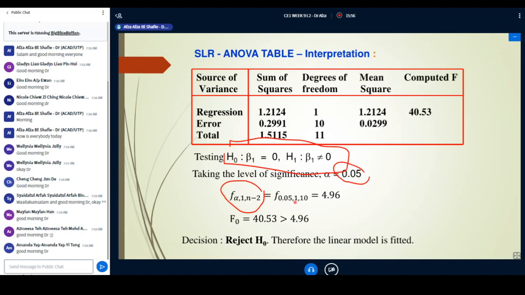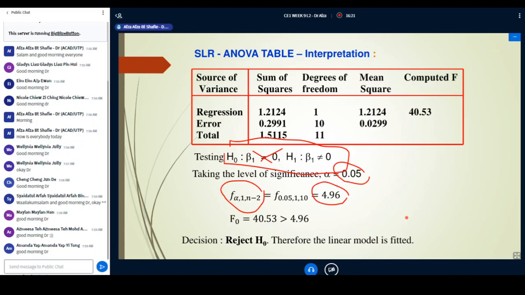So F 0.05, 1, and 10. We get a value of 4.96. So that 40.53 is greater than 4.96, meaning to say that H naught is rejected. So what it means is that we can actually fit a linear model.